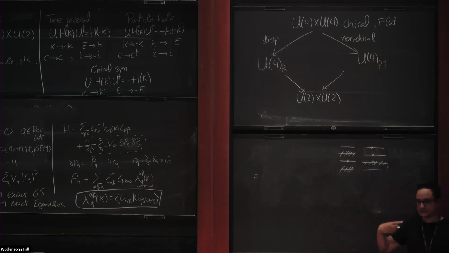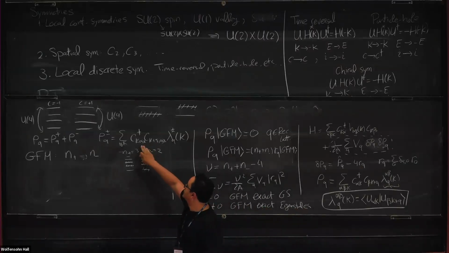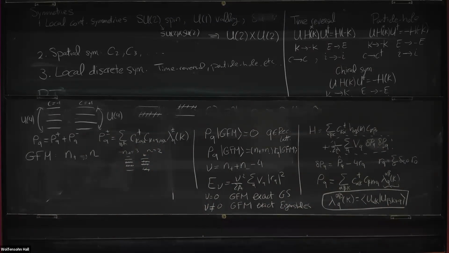Now, because the band index is conserved by the Hamiltonian, the action of the density doesn't move an electron from one band to the other. It also means that not only the total charge is conserved, but the numbers of particles and holes are separately conserved. So n electron and n hole are separately conserved. This means if I start with a state with n_e electrons and n_h holes and act with the Hamiltonian, I would never create particle-hole excitations, and I'm always living in this restricted Hilbert space.